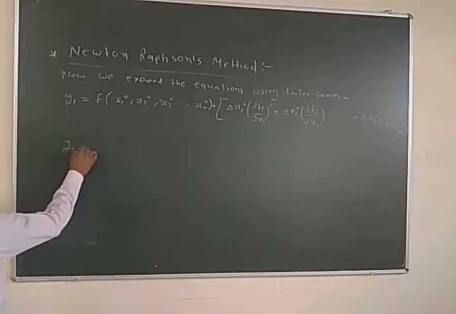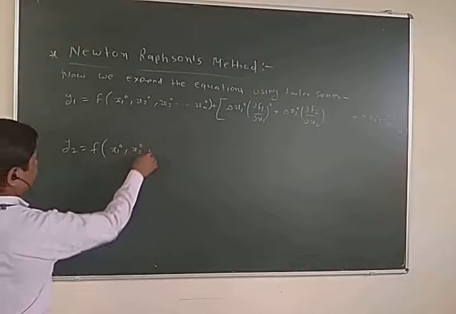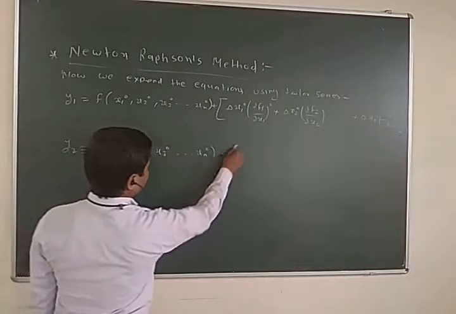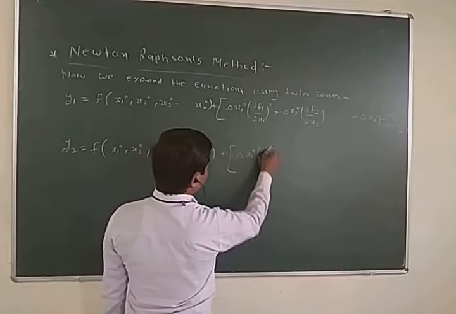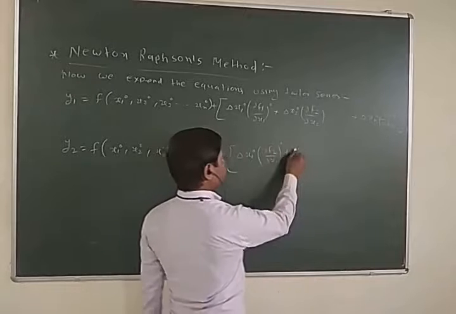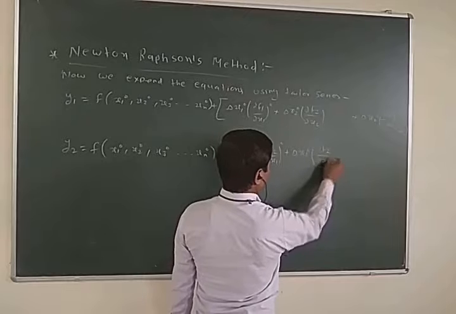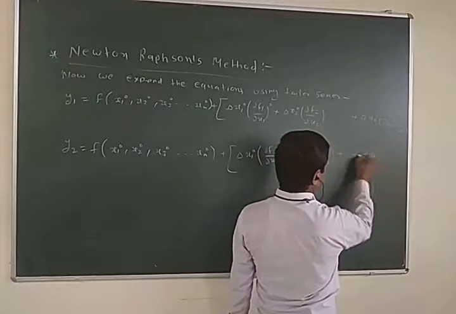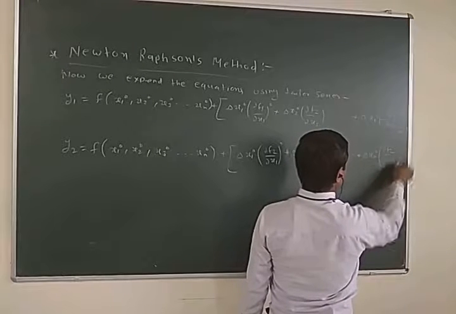Similarly, y2 becomes function of x10, x20, x30, dot, xn0 plus del x10 del f2 upon del x1, plus del x20 del f2 upon del x2, dot, del xn0 del f2 upon del xn.